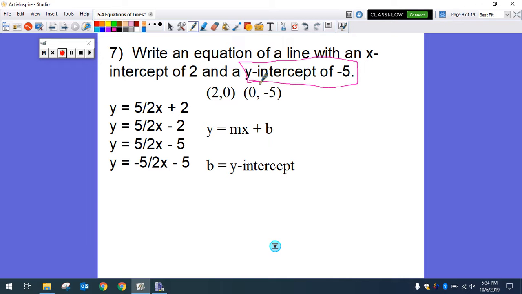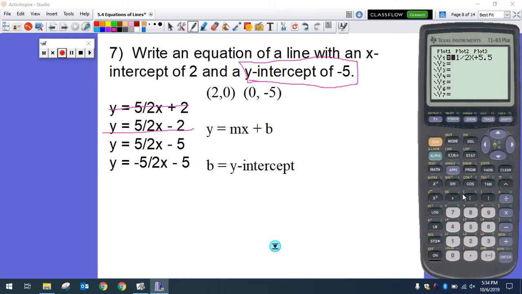So just to save a little bit of time, I know it has to end with a minus 5. So I know it cannot be A and B. It's either got to be C or D, because it has to end with that minus 5. So let's type these in and see which one gives us the ordered pairs 2, 0 and 0, 5.